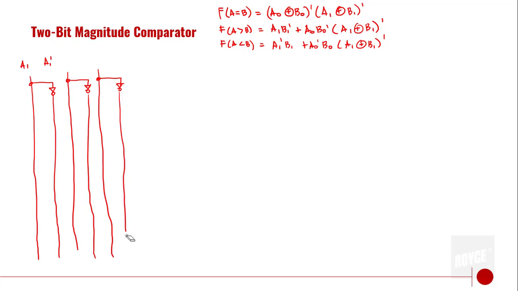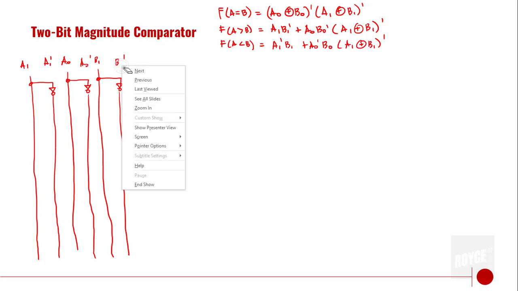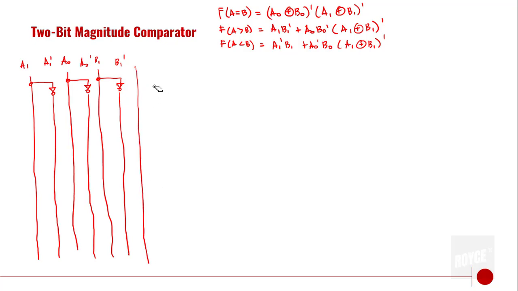Ayan. So, this would be A0, A0 prime, B1, B0 prime and then the last. Hindi to B0, B1 prime. And then the last one would be B0 prime.